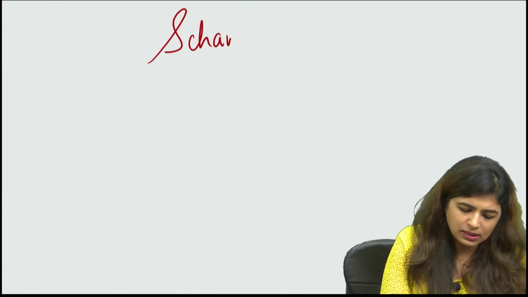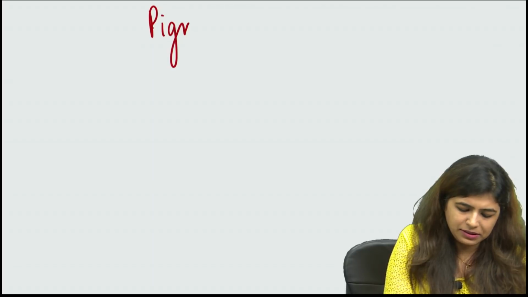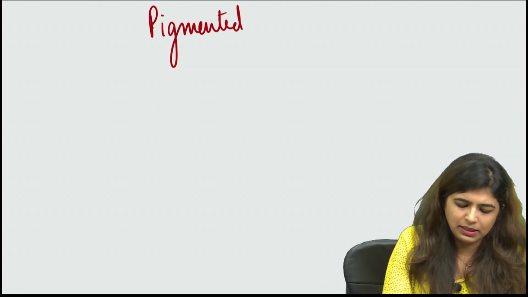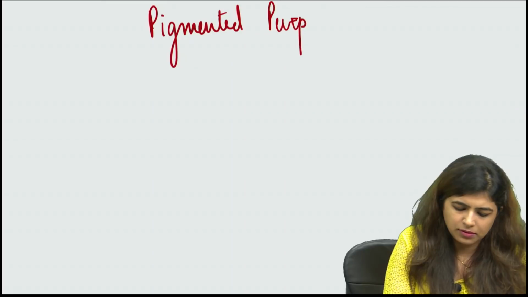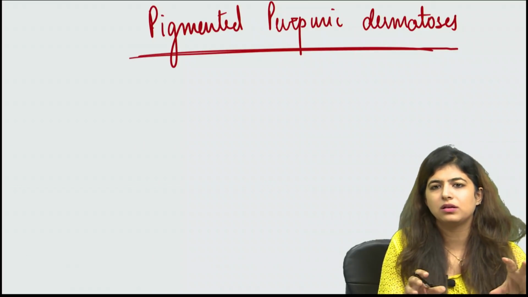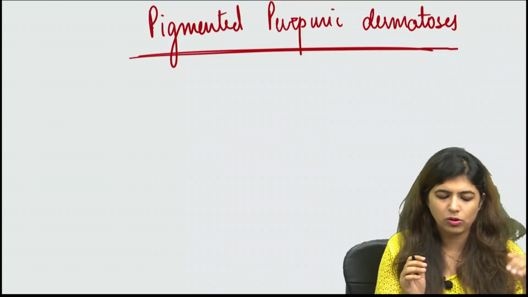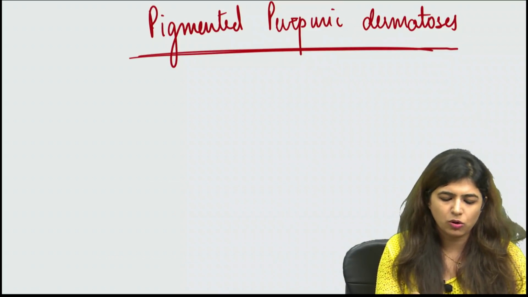What we are discussing here is a disease entity which is called pigmented purpuric dermatosis. This is the blanket disease term which involves a lot of entities which are also the options here in our question.